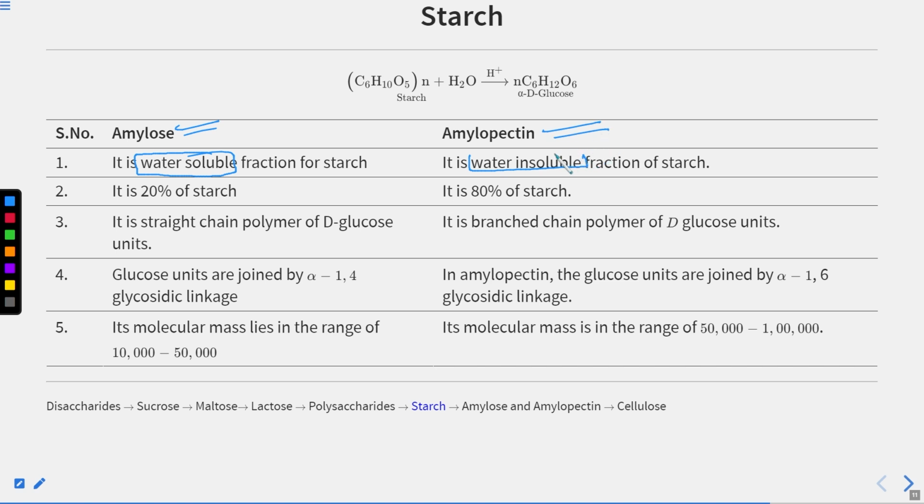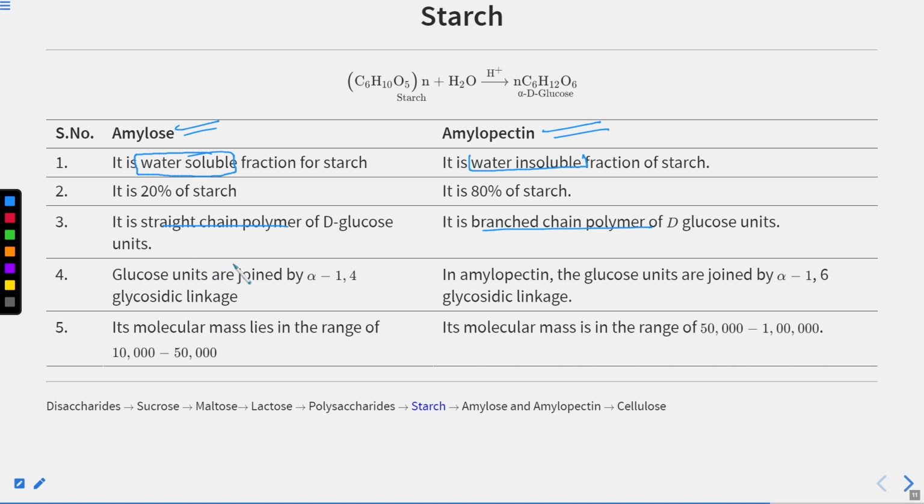If I talk about the structure, amylose is a straight chain polymer, whereas amylopectin is a branched chain polymer. Both have the same monosaccharide unit, only the way of arranging those units is different, so they are linked by different bonding.